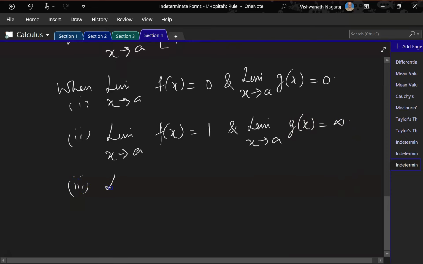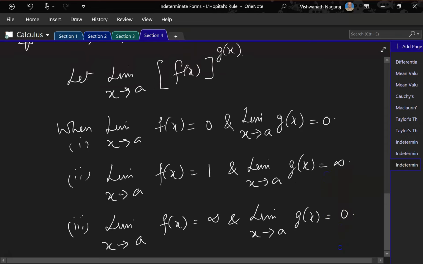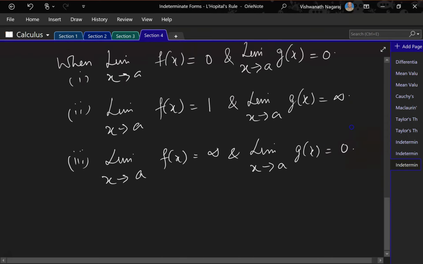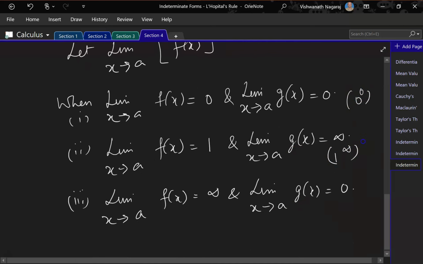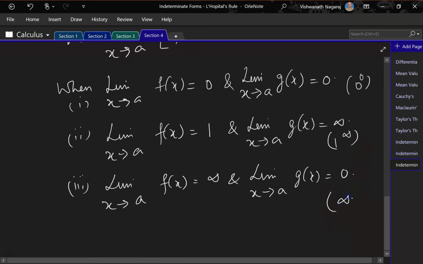The third case is the limit as x approaches a of f of x is equal to infinity, and the limit as x approaches a of g of x is equal to 0. Third case, that is infinity to the power of 0.